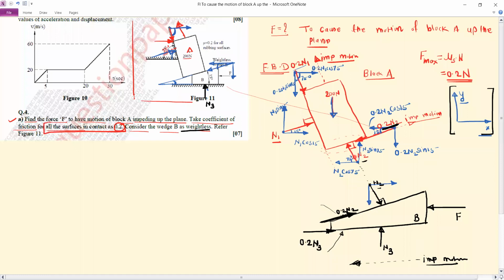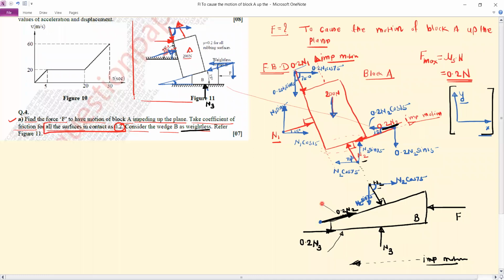Now you can observe here we have taken this 75, so definitely this will be 75. So this component is N2 cos 75 and this component is N2 sin 75. Next, resolve the 0.2 N2.